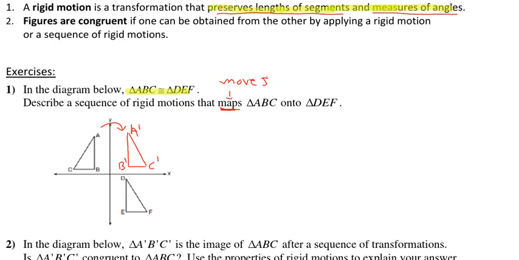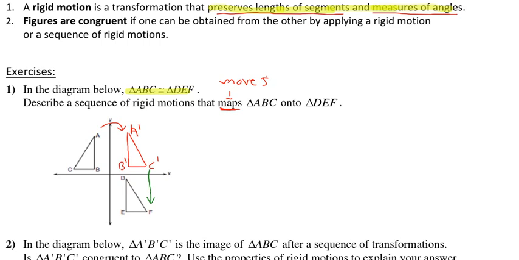So we are reflecting on the y-axis. I'm showing the reflection with a curved arrow, just to show that you are flipping the figure on the y-axis. And then we are moving this triangle downwards, we don't know exactly how many units because we don't have a grid. But if we do that, we will have triangle DEF as the result.